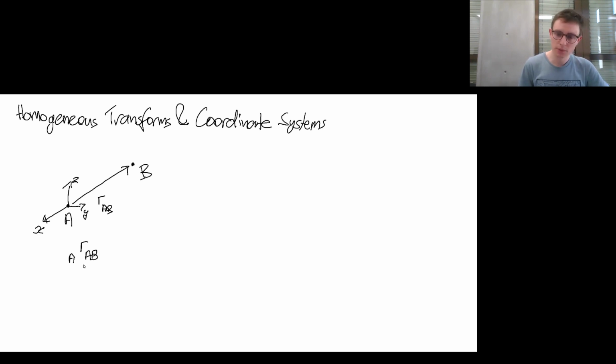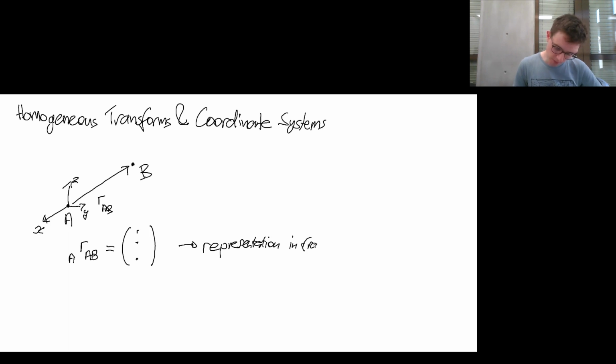We take a left subscript to denote the coordinate system that we represent it in. This now will be a tuple, usually in 3D, of 3 numbers that you can write down and also implement in the computer. So this is what we call the representation in frame A.